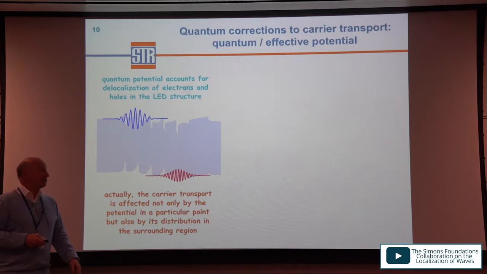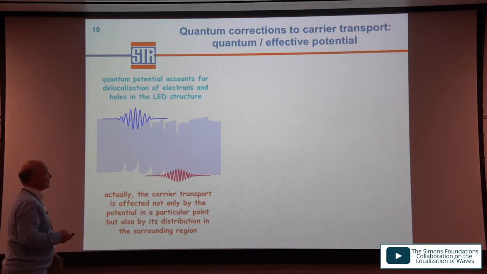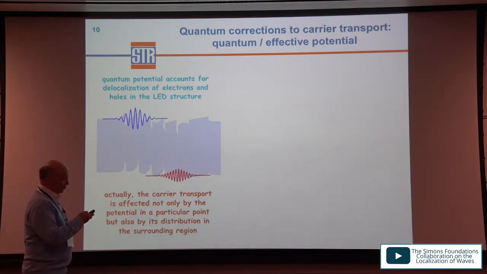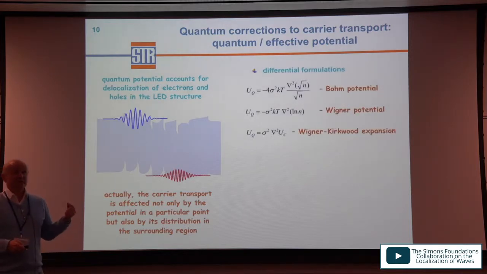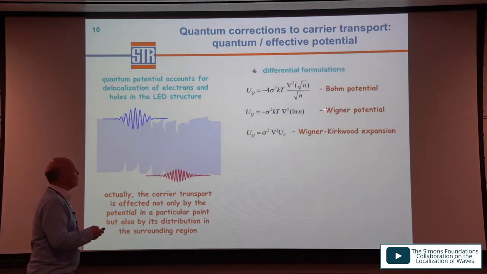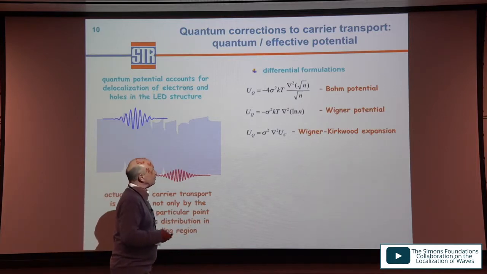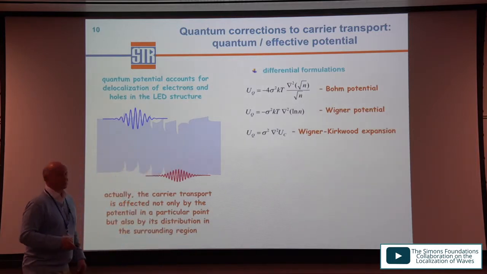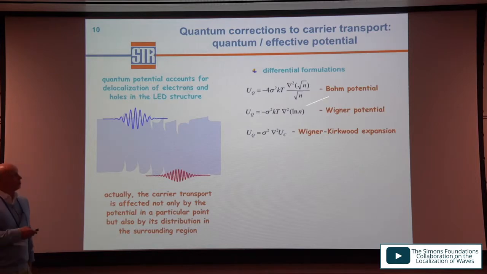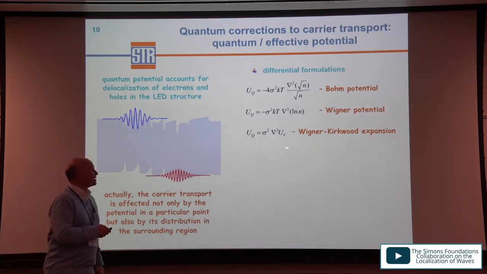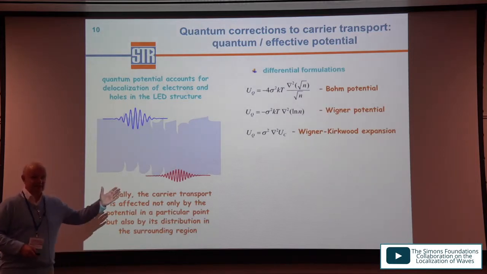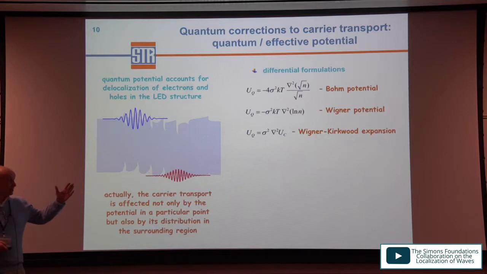There are many theories introducing the so-called quantum potential, with some differential formulation. These are the well-known Bohm potential, Wigner potential, and Wigner-Kirkwood expansion. All of these formulations operate with a second derivative of either the carrier concentration or the lattice potential.